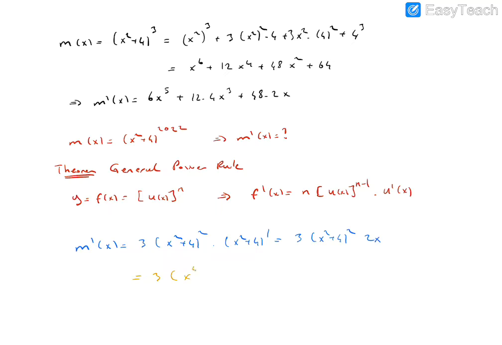3 times x to the power 4, 8x squared plus 16 times 2x. So we have 6x to the power 5. 6 times 8x squared, 48x cubed, and 6 times 16, that's 96.